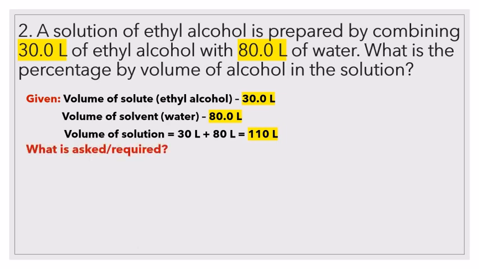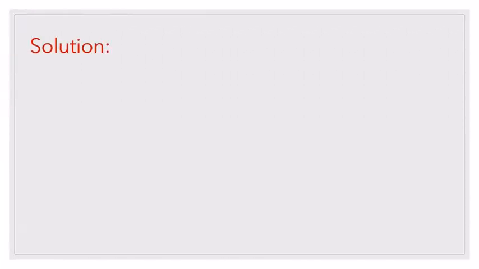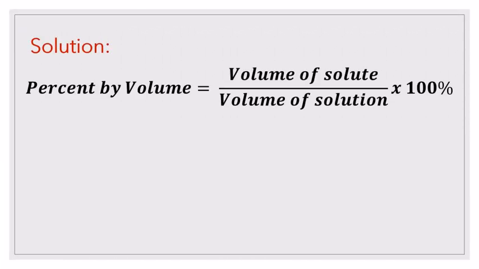So what is asked or what is required? The percent by volume. And for the formula, percent by volume is equal to the volume of solute divided by the volume of solution times 100%. Solution: percent by volume is equal to the volume of solute divided by volume of solution times 100%.